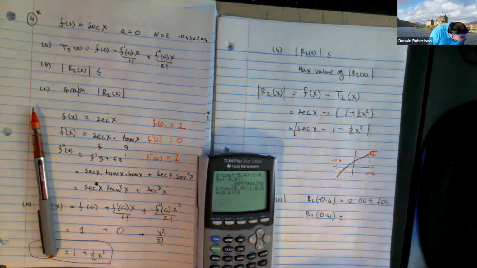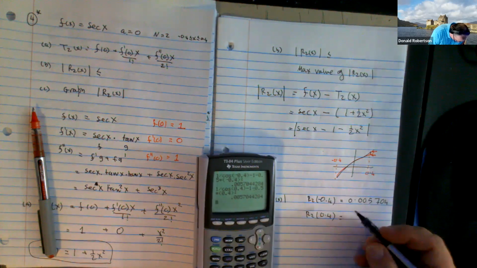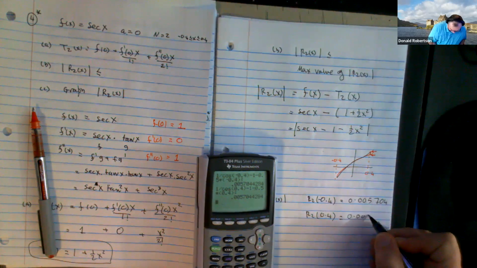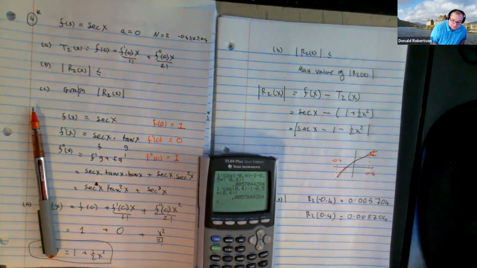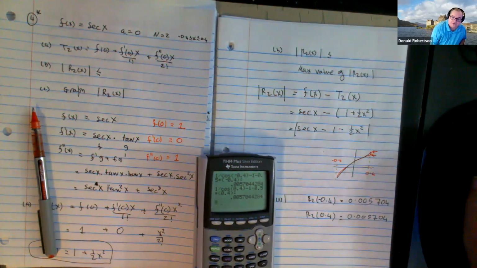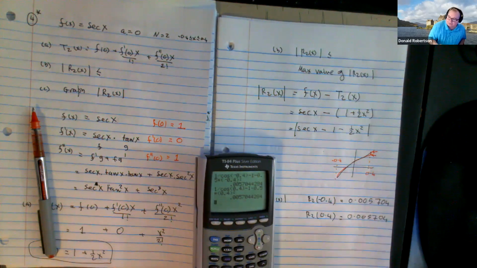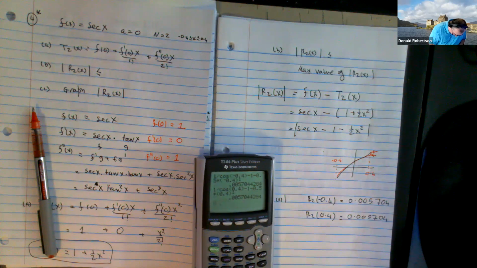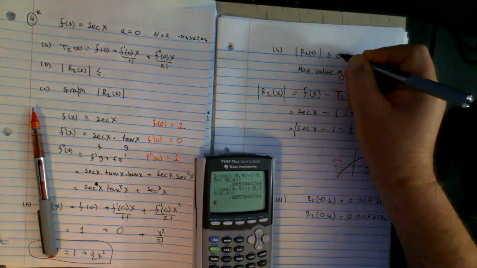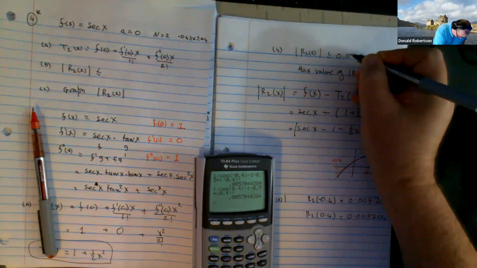And the answer I get this time is 0.005704. They don't always end up being the same number, right? My guess is that this function is very symmetric, right? So the bit at the left and the bit at the right are pretty much the same. So if you wanted to know what is the maximum value that this function's error is going to be, it's that.